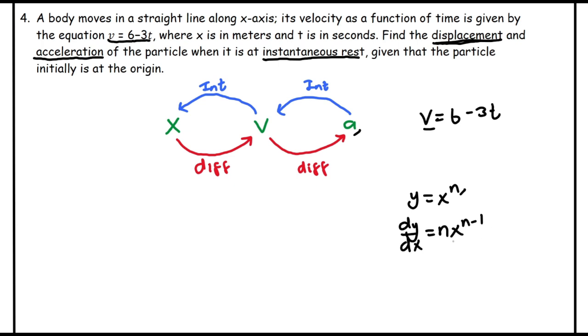That's how we differentiate an equation. So here if we have 3t to the power 1, to differentiate this, we drop the power, which is 1, then 3t, then we subtract 1 from the power. So this will be 3t to the power 0. And anything to the power 0 is 1. So that's 3. We'll get to this later.